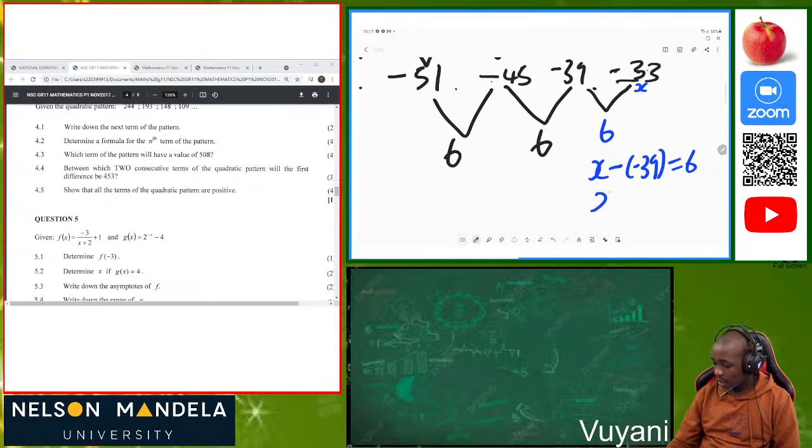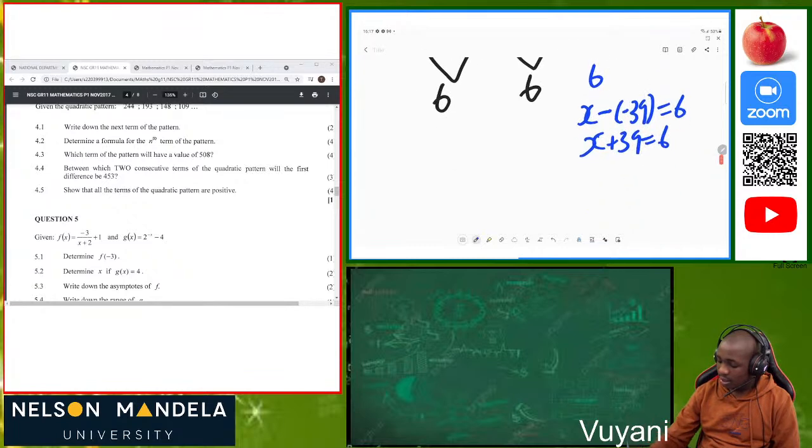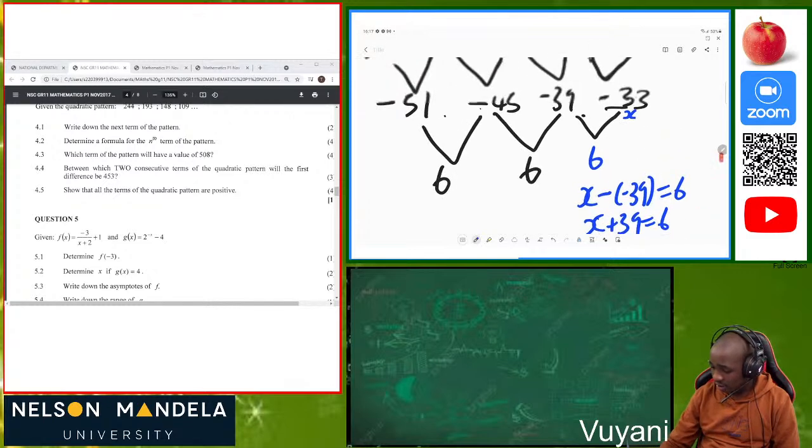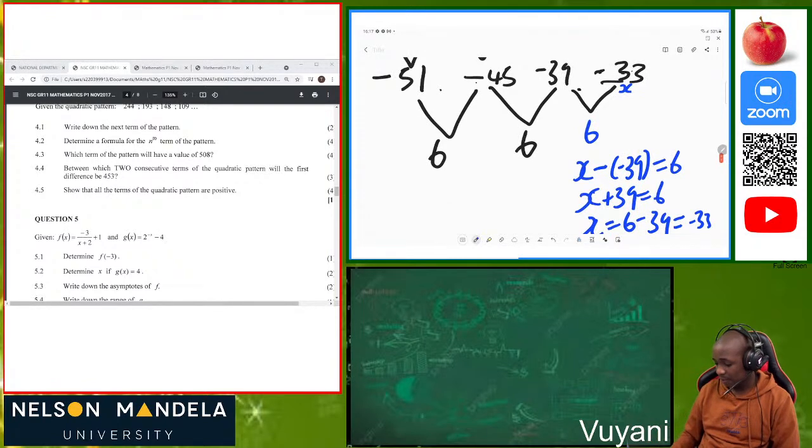So x plus 39 is equal to 6, and x will be equal to 6 minus 39, which is the same as negative 33, which we have here. I'm trying to show you how we get negative 33. The second difference of a quadratic pattern is always equal.